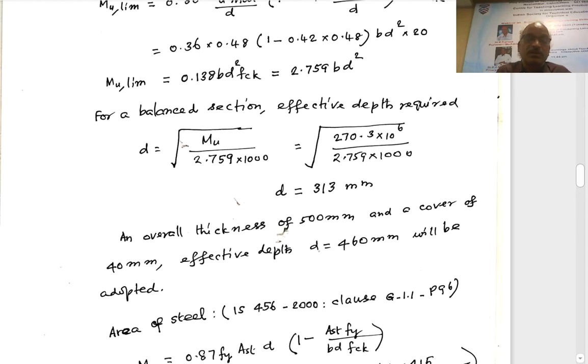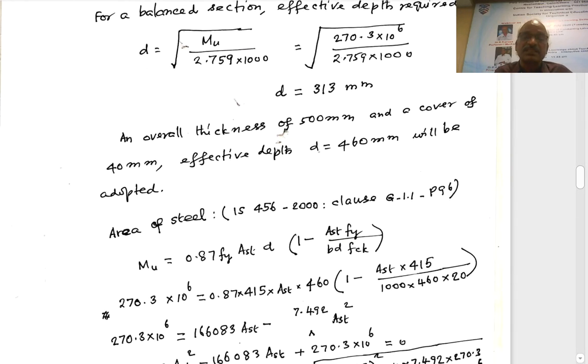Mu equals 270.3 into 10 power 6 by 2.759 into b, with b equal to 1 meter. We are considering 1 meter length of the wall, so b is taken as 1 meter along the length direction. Therefore, b equals 1000, and 2.759 into 1000 will be the denominator. So we will get 313 millimeters.